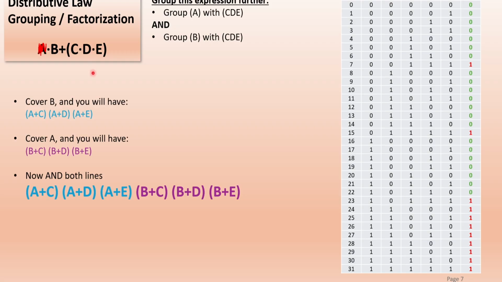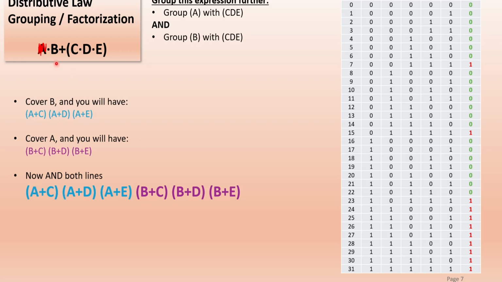Inside the brackets, we have ANDs. We're changing them into ORs. What's outside the brackets is ORs. We're changing them into ANDs. So with A, we have this expression. With B, we have this expression. And they're all ANDs, so this has to be ANDed with that. So we just have to write all those in one single string.